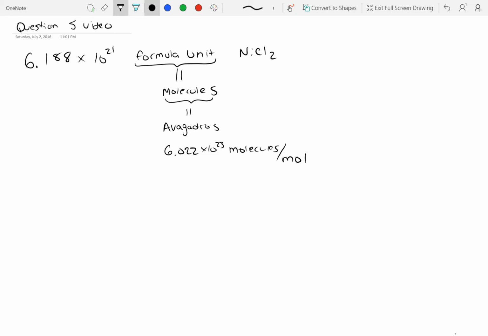So this should be your thought process. When you think molecules, you should be thinking Avogadro's. And now whenever you're thinking Avogadro's, you should be thinking of his number, which is 6.022 times 10 to the 23.